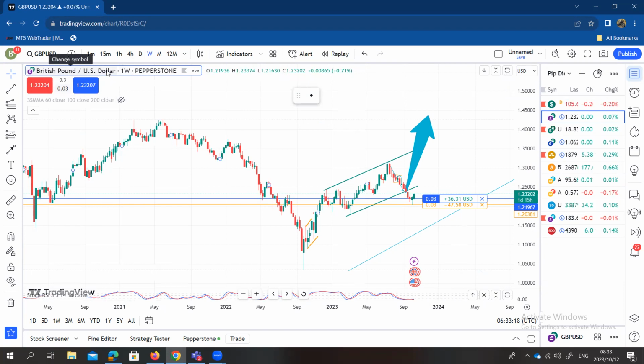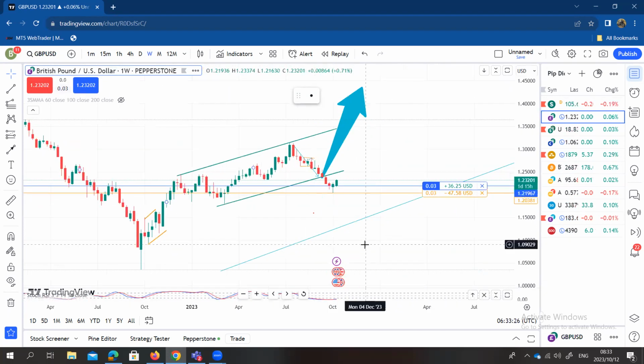Since the US dollar is weakening, that means the British pound is going to go to the upside. I expected the reversal to be around this point, but as always, we can only forecast the market, we don't decide what the market will do. So I had to be patient and wait for signs of reversal around that point.